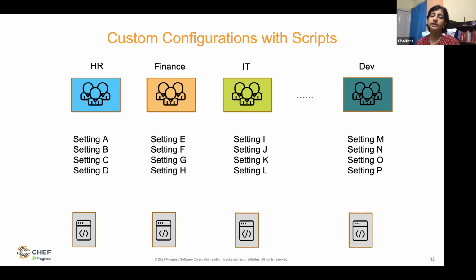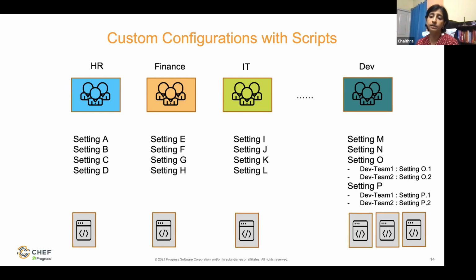But let's just say the dev team has a couple of sub teams, and the sub teams require different versions of the same setting. In that case, you would need to have another set of scripts to achieve that. And then let's just say there is another setting, and even the sub teams require different versions of another setting. So in that case, you need to add a few more sets of scripts, right, to achieve this.